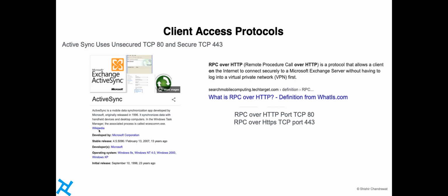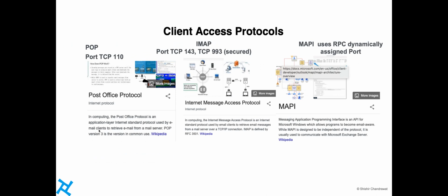All right, so that is ActiveSync. One more thing I have to tell you about MAPI and ActiveSync versus IMAP and POP is that IMAP and POP are only capable of synchronizing email, or subfolders in the case of IMAP but not in POP, whereas MAPI and ActiveSync can also synchronize the contacts and the calendar items in your mailbox. So if you configure your Outlook client with the IMAP protocol, your emails and your subfolders are taken care of.